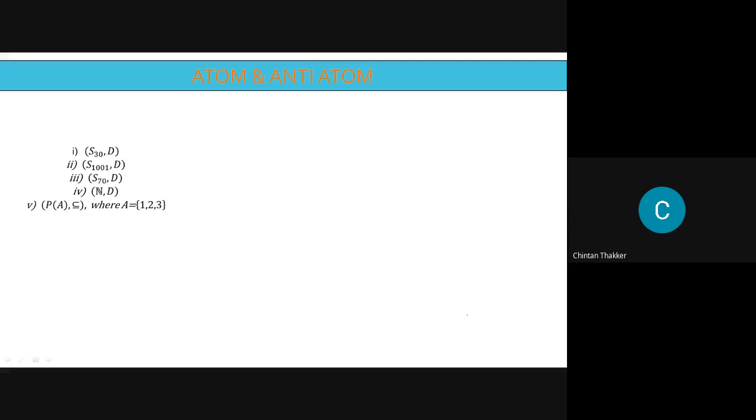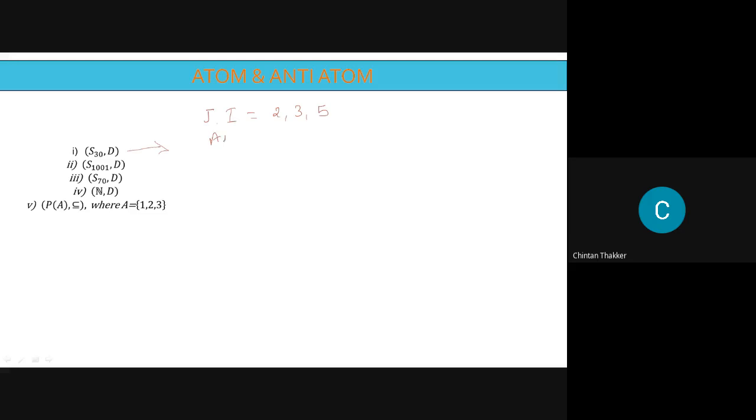Now we have to check atoms, anti-atoms of all these. So we already checked S30. S30 has join irreducibles 2, 3, and 5.